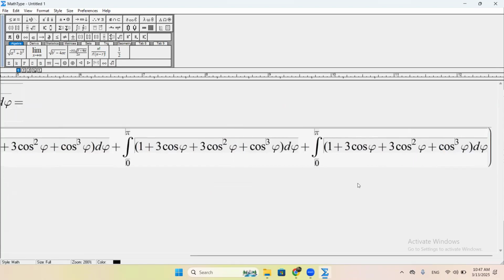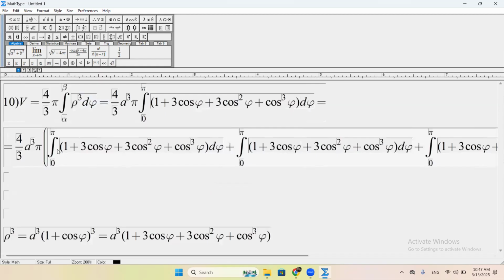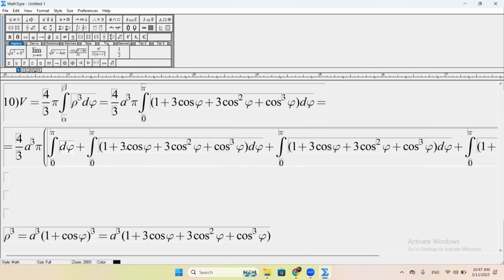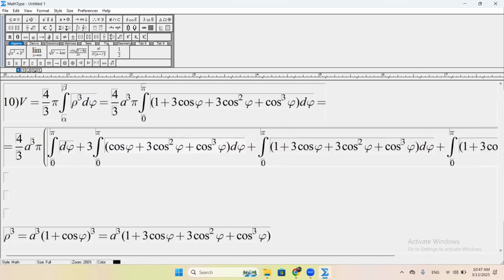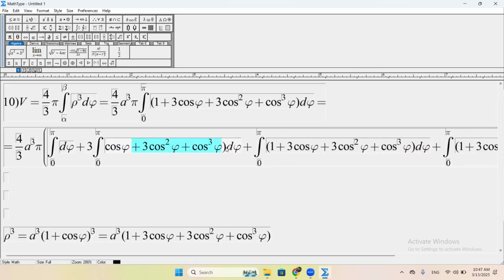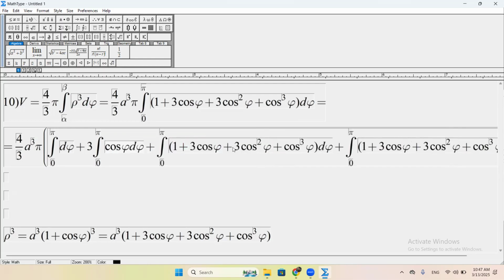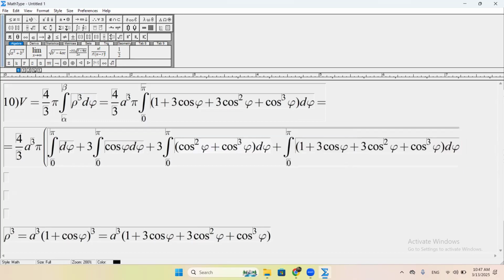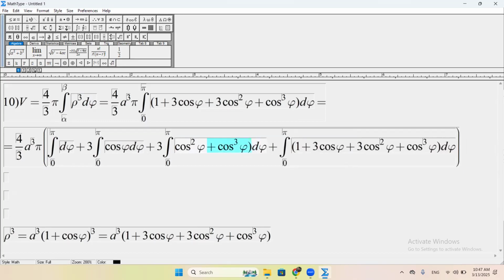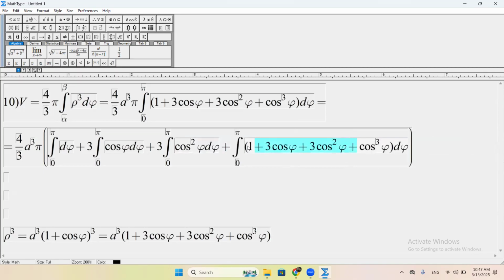Here is just d phi, here 3 cosine of phi, here 3 cosine squared of phi, and here cosine cubed of phi.